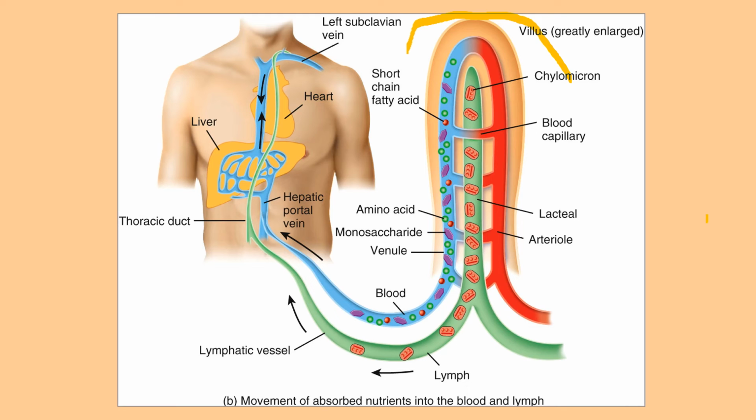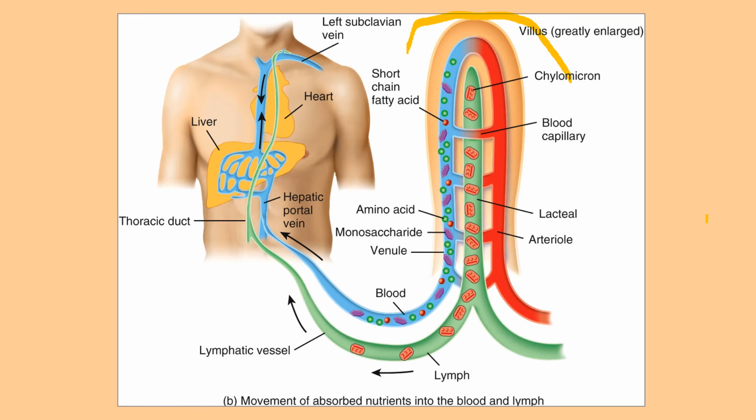We see the carbohydrates and the amino acids. We also see small fatty acids because they're little and they can easily get into a blood capillary. And then in the lacteal, we see our chylomicrons, and chylomicrons are newly absorbed. They are lipoproteins that contain newly absorbed lipids and lipid-soluble nutrients.